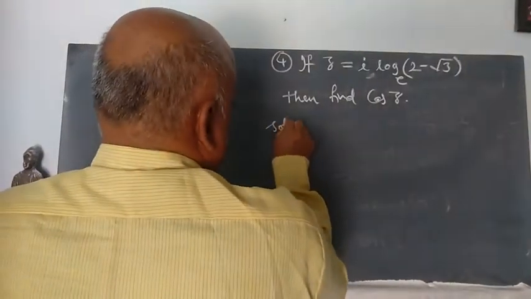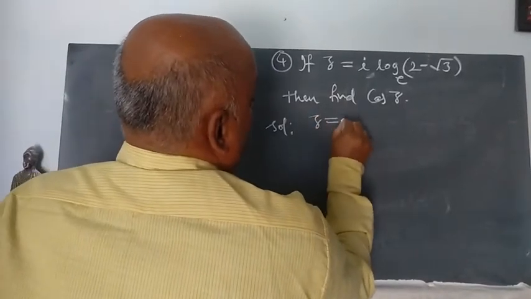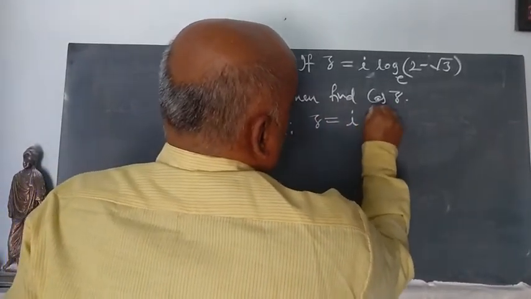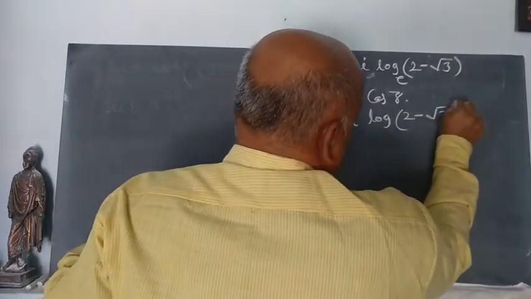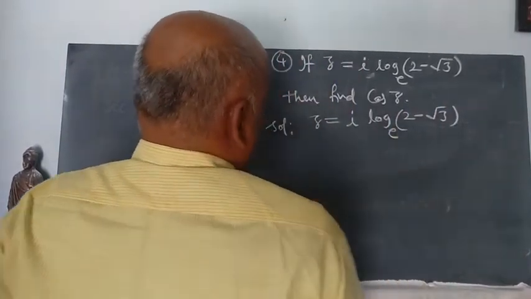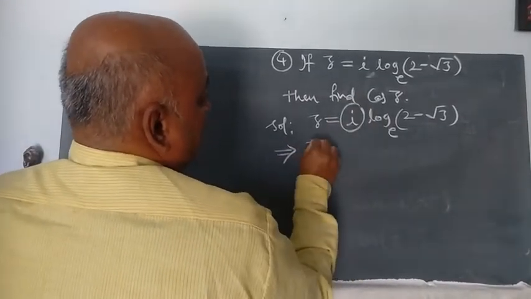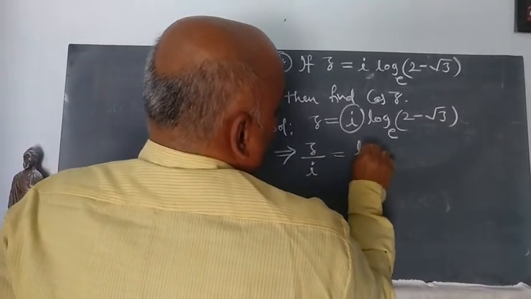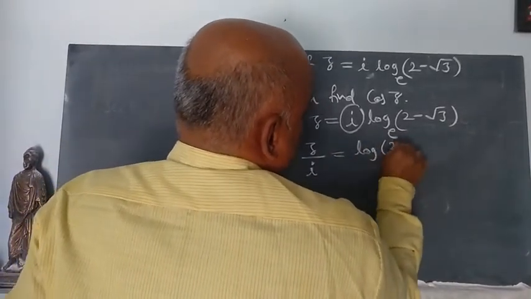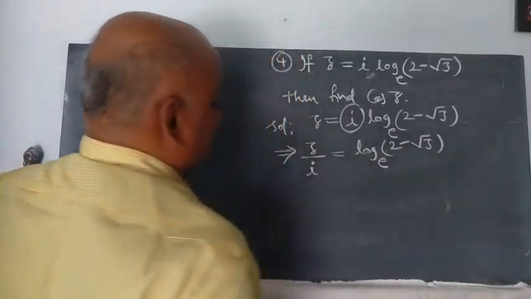Solution. So what is given? z is equal to i into log of (2 minus root 3) with base e. This implies z by i is equal to log of (2 minus root 3) with base e.